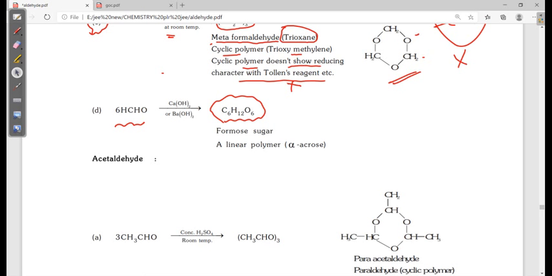It is a hexaldose. So formose sugar, a linear polymer, is alpha acrose. It's like glucose, not glucose itself. Six formaldehydes are there in the basic medium.